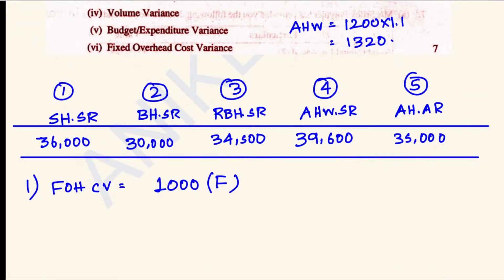This is my first variance. Second variance, fixed overhead expenditure variance. 2 minus 5. This is equal to 30,000 minus 35,000. So minus 5,000.